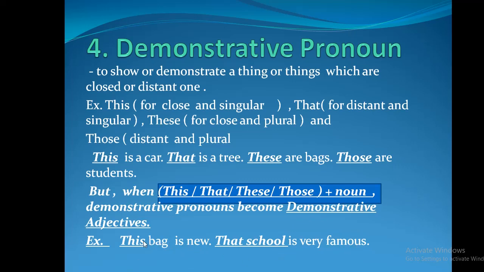In this sentence, this, as a demonstrative pronoun, comes with a noun, so this becomes a demonstrative adjective which gives more information about the bag. That school: in this structure, that comes with the noun school, so that becomes a demonstrative adjective for the noun school.